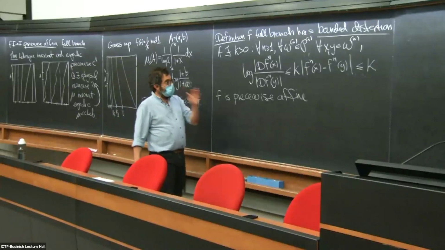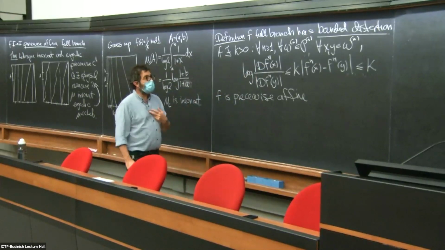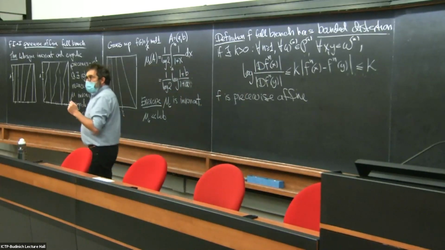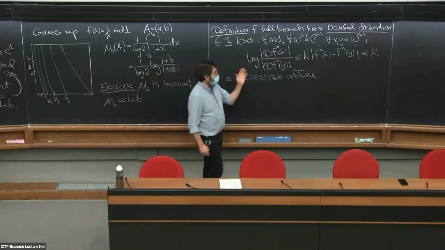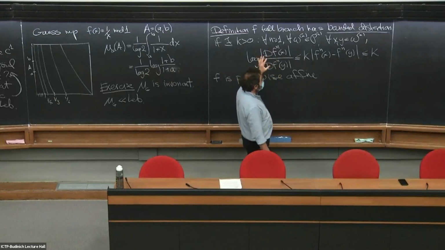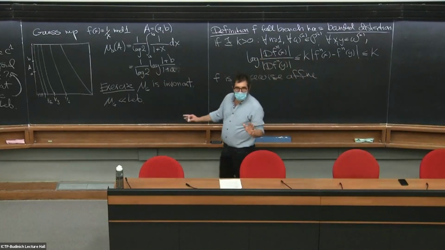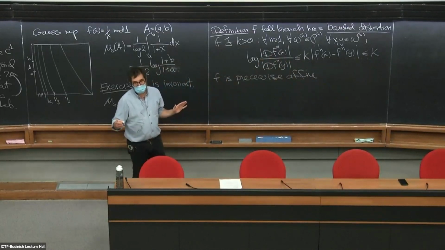So this is a good way to develop some intuition for this. So the distortion is 0 in the piecewise affine case. So this is a straightforward generalization. It's saying instead of being 0, we want it to be uniformly bounded by a constant k that is independent of n.